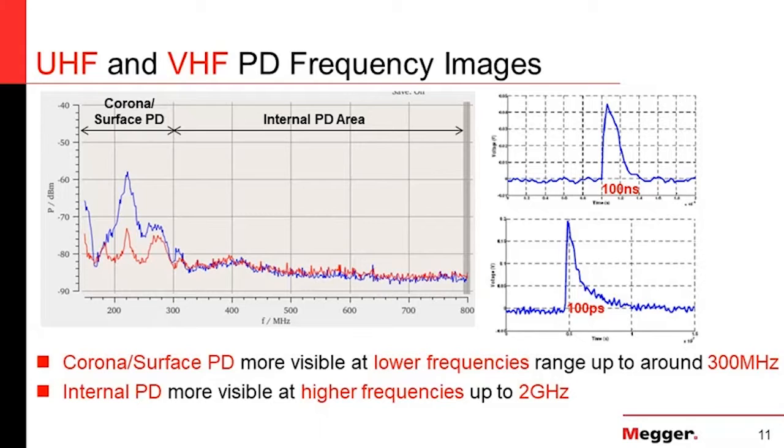So by UHF scanning of the instrument or the equipment, we are able to map and detect the internal partial discharges, or better to say it this way, UHF technology and UHF partial discharge detection methods are very effective and useful for internal partial discharges.